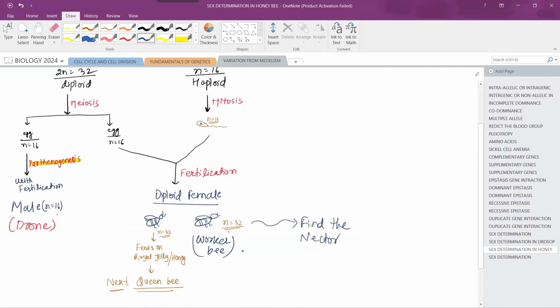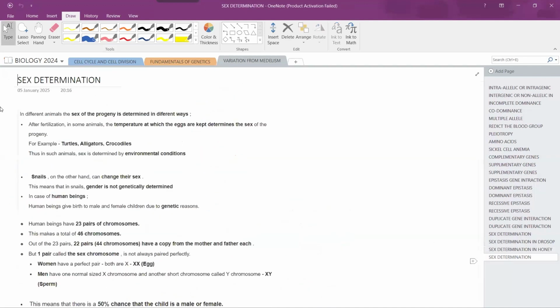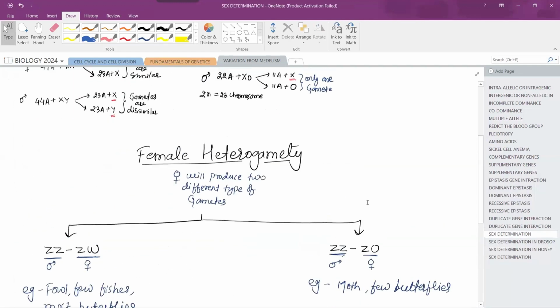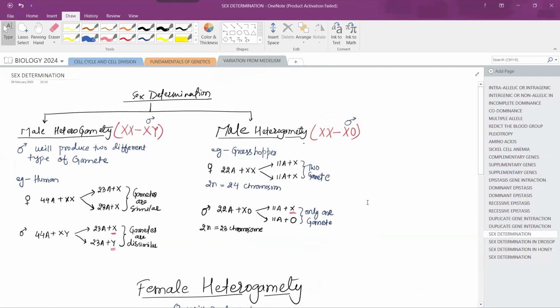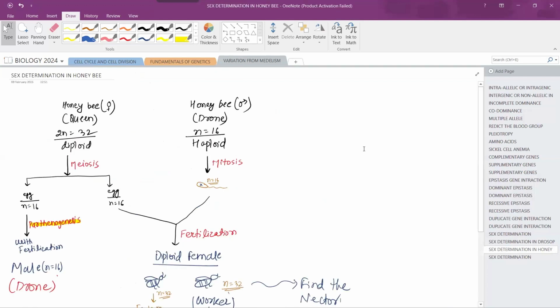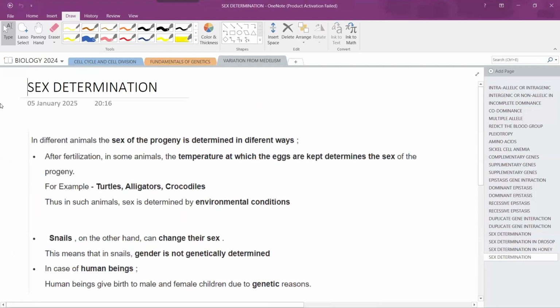So, in these cases, in humans, in Drosophila, or in the honeybee, what we already studied is that there is an internal factor, a gene, which is responsible for the determination of sex. But sometimes there is an external factor which is responsible for the determination of sex.